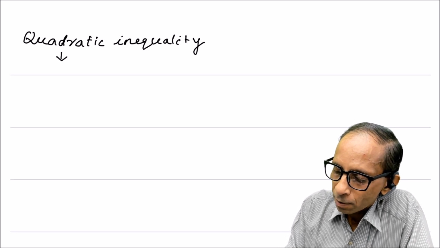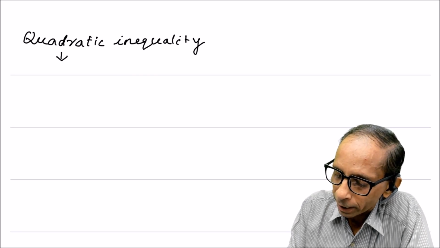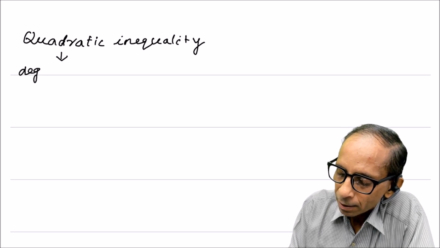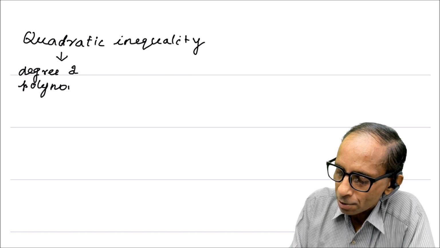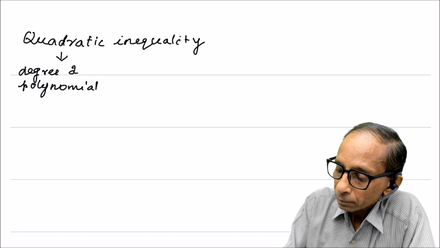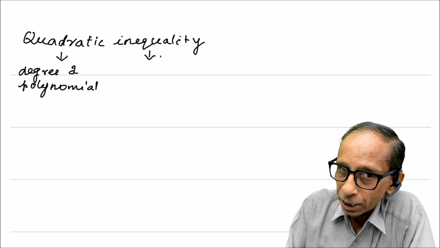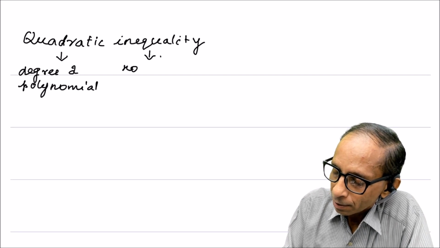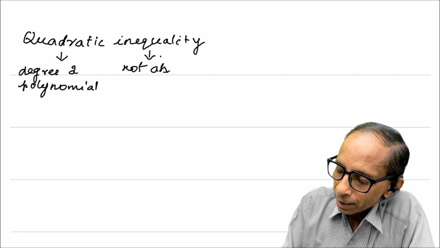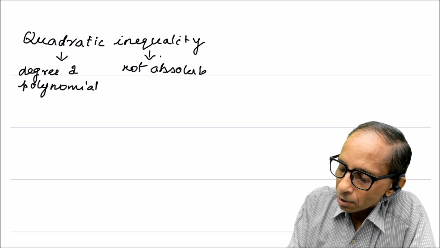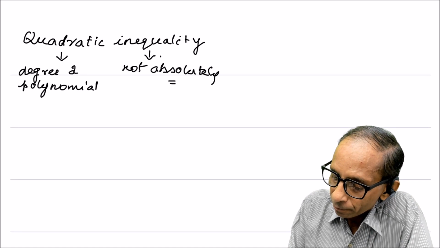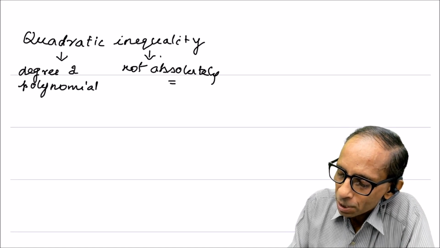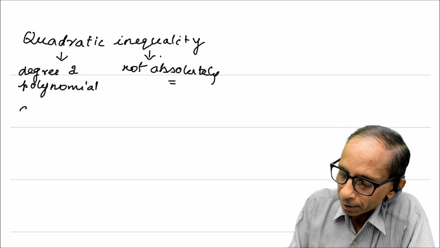The first one, quadratic, means that there is a degree 2 polynomial for us. And the second term, inequality, says that the expression is not absolutely an equality. Now, let us see what is this degree 2 polynomial.